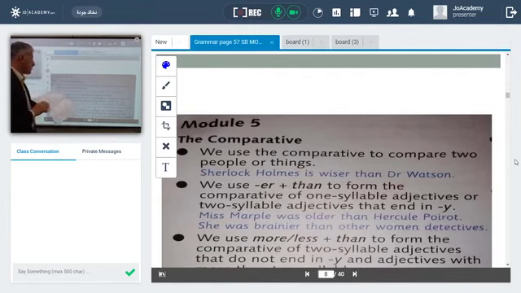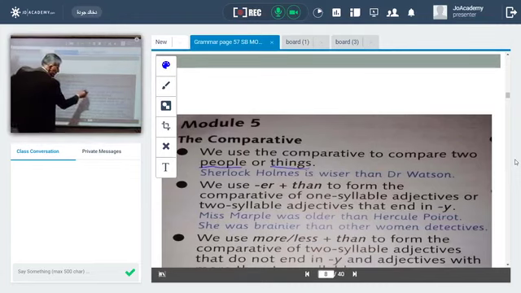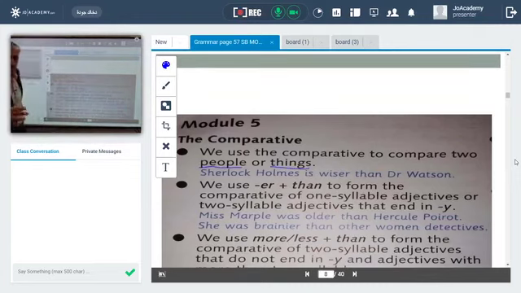We have the comparative, module 5. Let's read and find out what it says. We use the comparative to compare two people or things. So you can make a comparative between people, between things, between countries, anything.